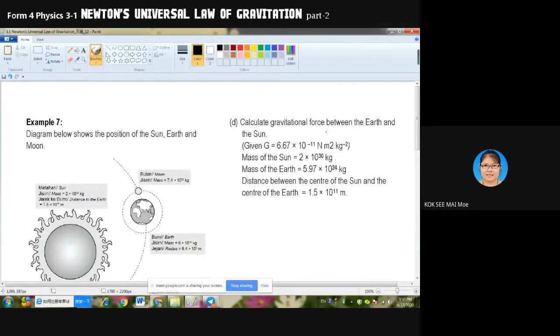Calculate the gravitational force again, between the Earth and the Sun. Okay, again the same formula. G. Now first one, second one is the Sun, and also the distance between the Sun and the Earth.